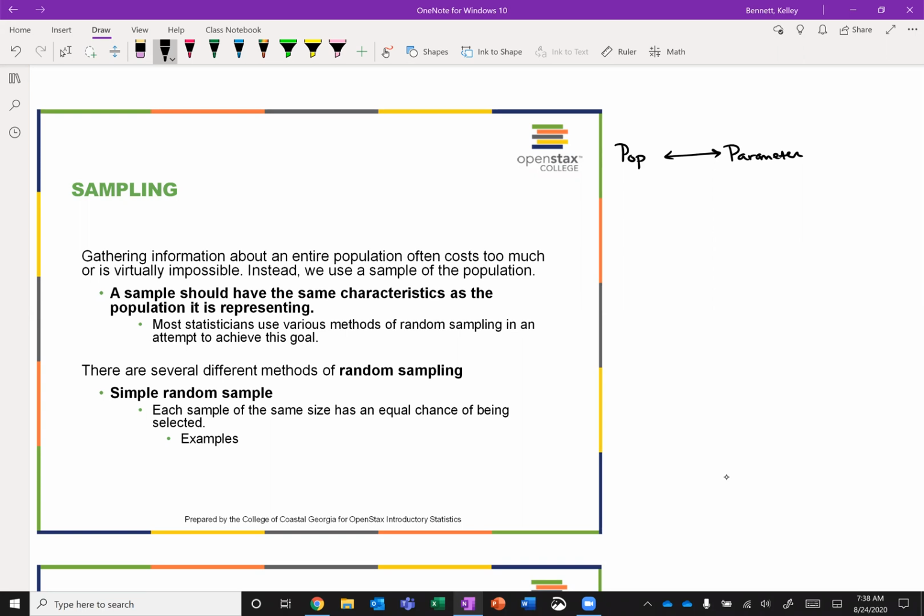And instead of asking everybody to get a handle on what this parameter is, we ask just a few people, and few is in air quotes here. So we get our sample, and from the sample, we get a statistic. And the statistic will be a good match for the parameter if the sample is representative of the population.